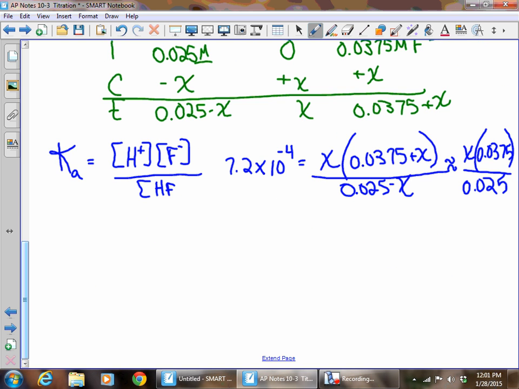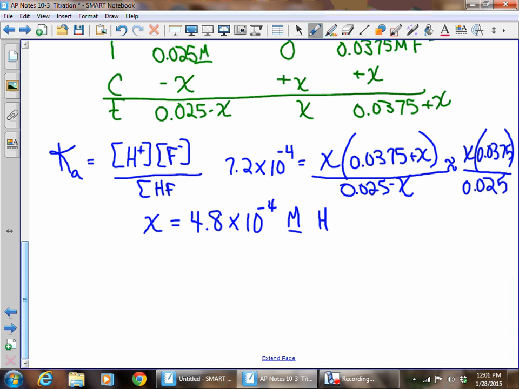So multiplying, solving for X, I'm not going to go through the interim values, but what we end up with, and you can calculate this yourself to make sure you're getting the correct answer, is 4.8 times 10 to the minus fourth molar. Okay, so what do we have? Molar what? We go back here and it looks like X is our H plus in this case.